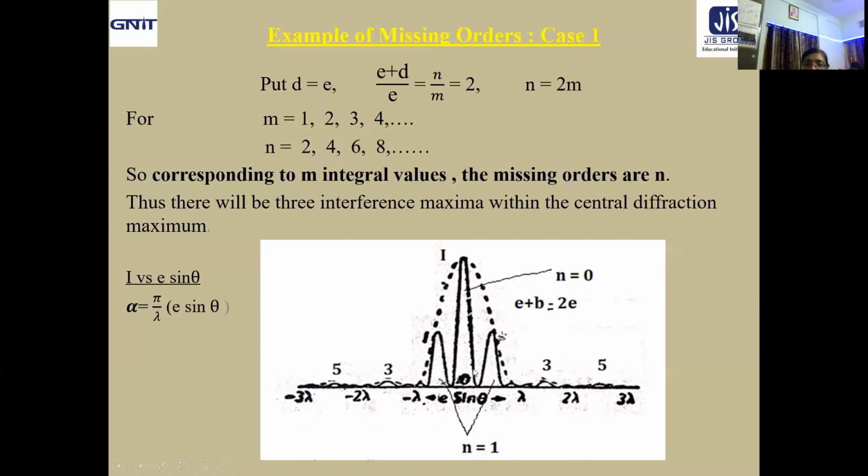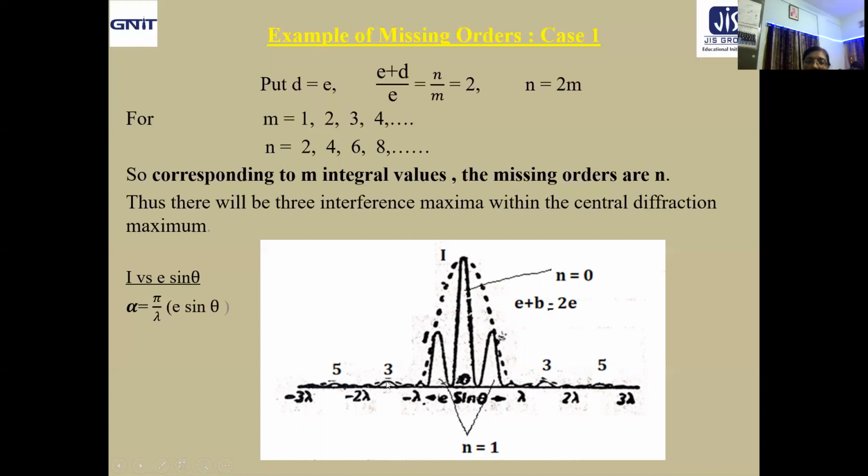Now n equal to 2 will coincide with first order minima according to the condition D equal to E. So the second order maxima cannot be visible as maxima because it coincides with first order minima of the diffraction pattern. So it will be missed out. Okay. Now come here. This is the second order. Now third order maxima.